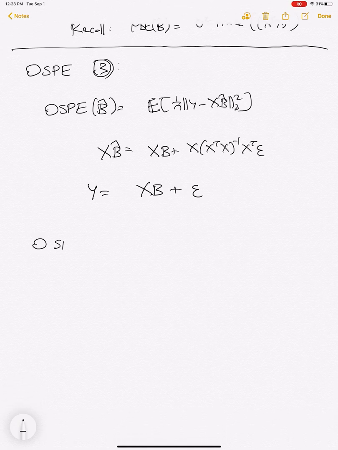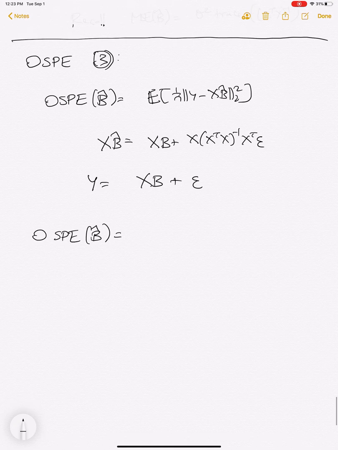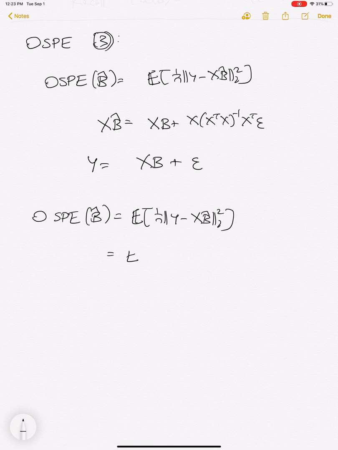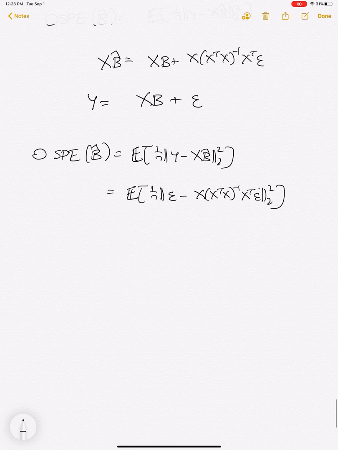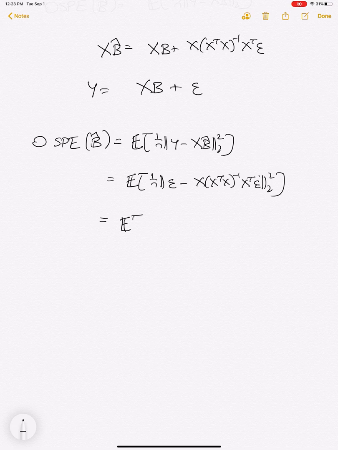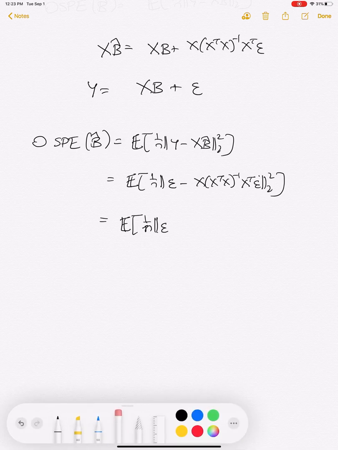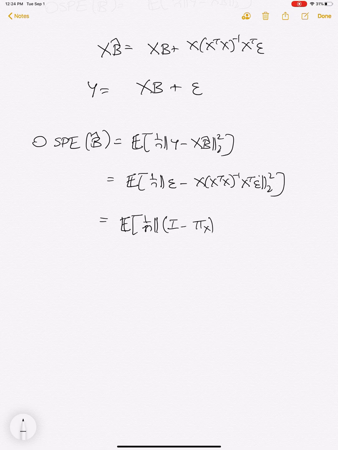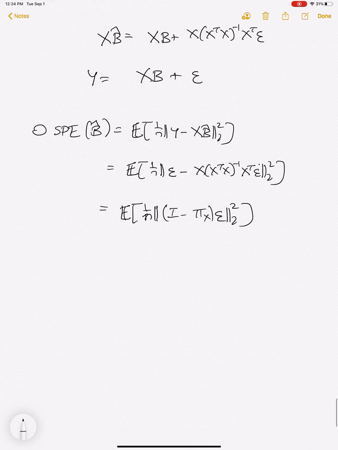So we can clearly see that the xb's cancel out, and so this is equal to, and we're again going to use this notation in terms of a projection, because that'll allow us to exploit some nice properties of projections.